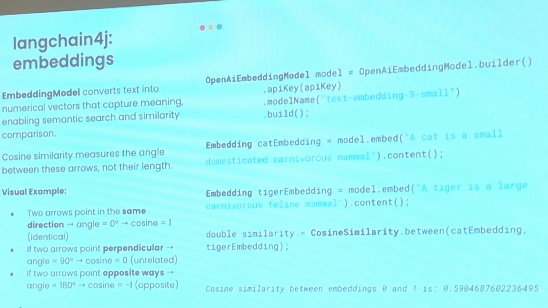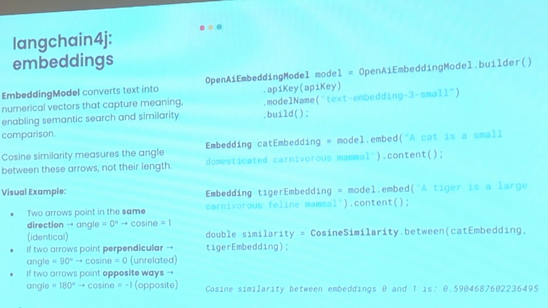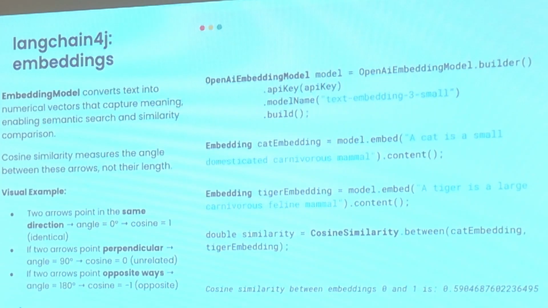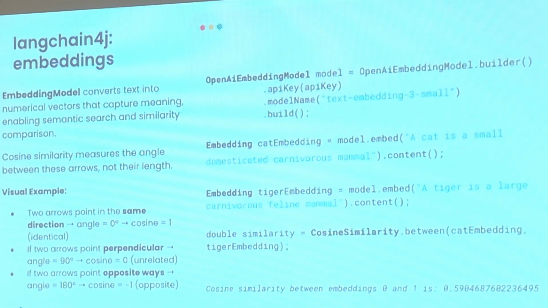If they are perpendicular, the angle is 90 degrees and the cosine similarity will be 0, meaning they are unrelated, they describe different things. And if they point in opposite ways, they are opposite, completely different things.